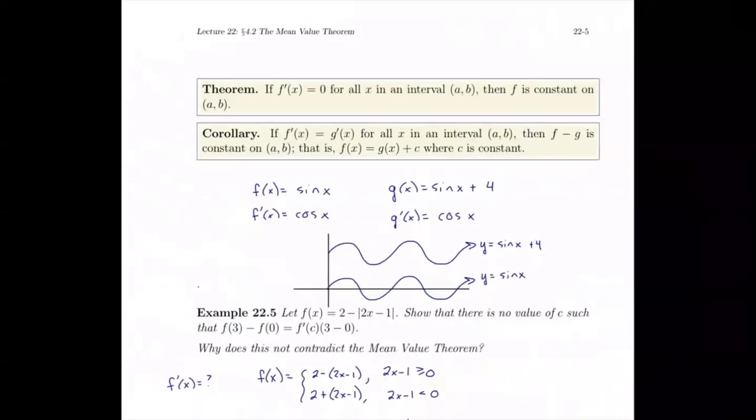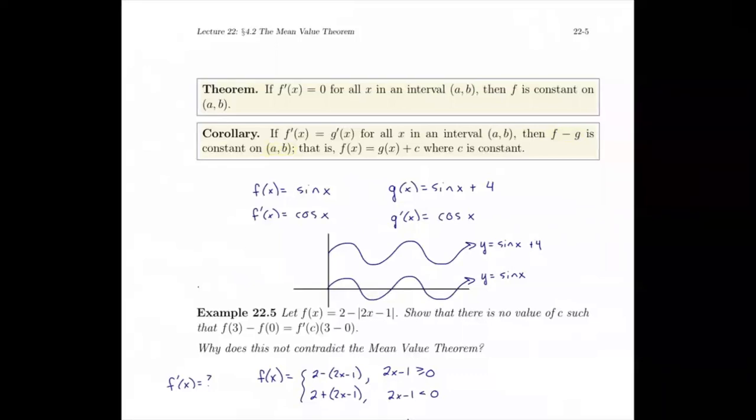Corollary to this, if we have two functions whose derivatives are the same, f prime of x is equal to g prime of x for all the values in an interval a to b, then the difference between these two functions, f minus g, is constant on AB.